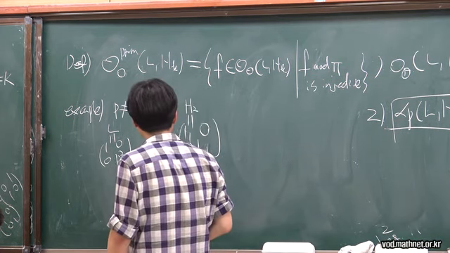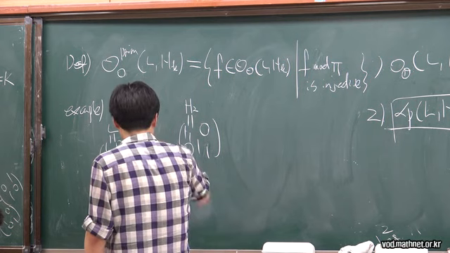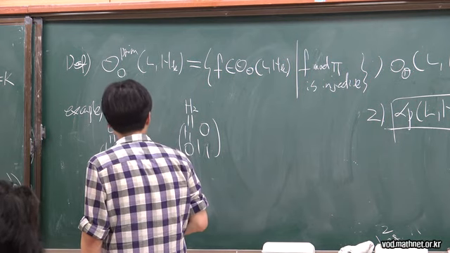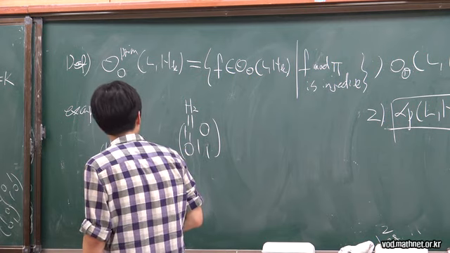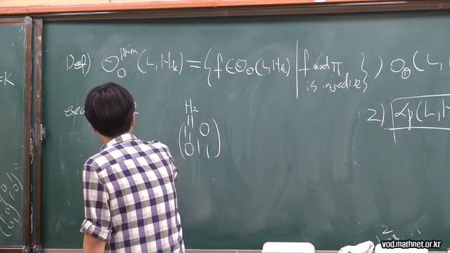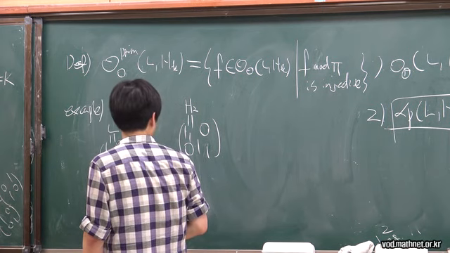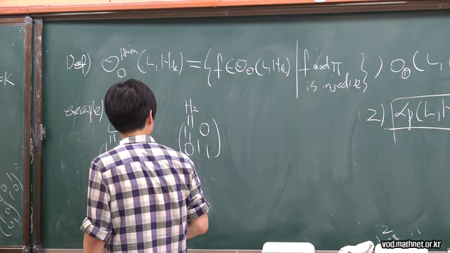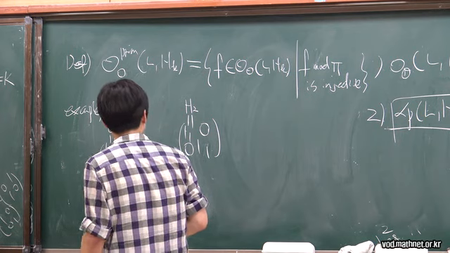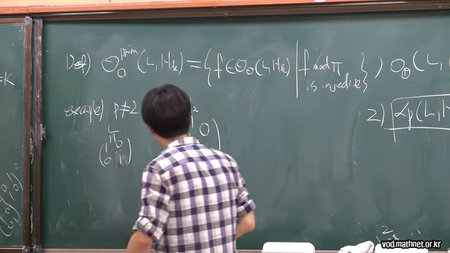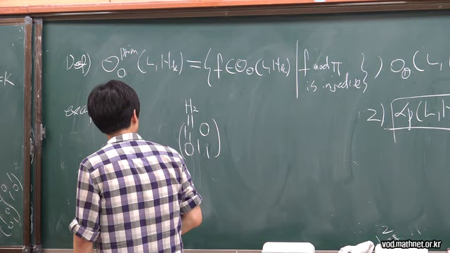Wait, I need 1, 1, 0, sorry. A symmetric matrix with 1, 1 and 0, 0. Okay, so I think this is not a good choice of matrix.